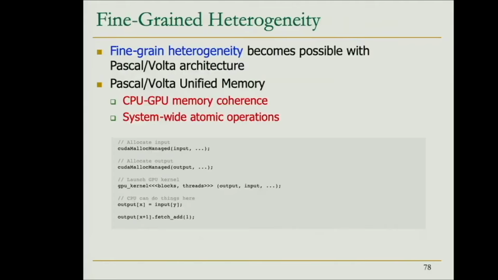The good thing is that with the unified memory, the way that it already exists in Pascal and Volta architectures from NVIDIA, but also on the HSA architecture from AMD and other vendors, the kernel is launched with these arguments, output and input arrays, and as soon as I launch the kernel, which is a completely asynchronous operation, the CPU can continue computing and can directly operate on these arrays that are also being operated on by the GPU kernel.